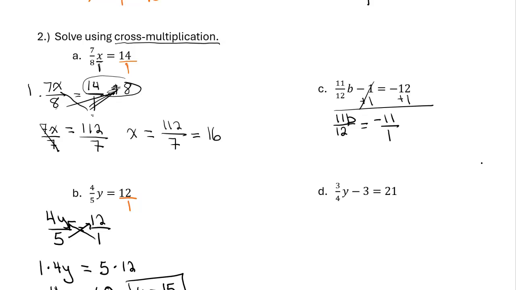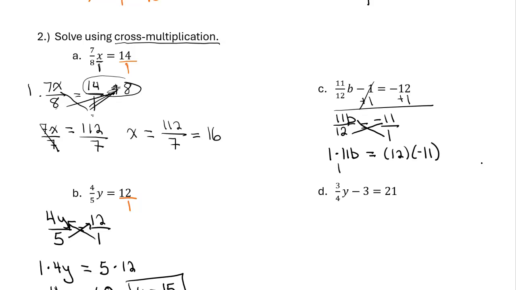All right, I am going to multiply across the equal sign. So I get 1 times 11b equals 12 times -11. I used parentheses to show multiplication just because I find that that's less confusing than the dot when I'm dealing with negatives.